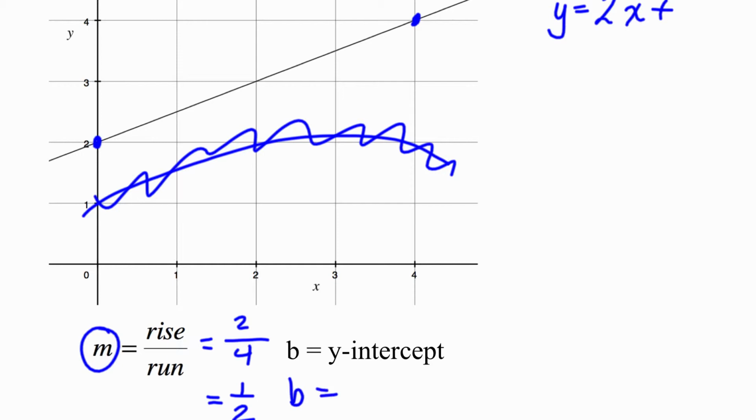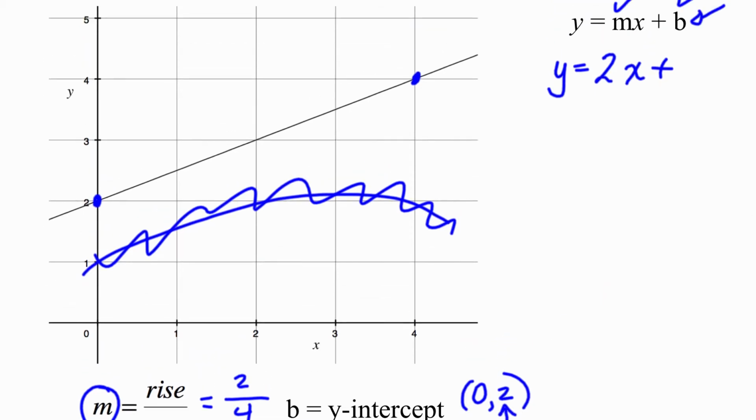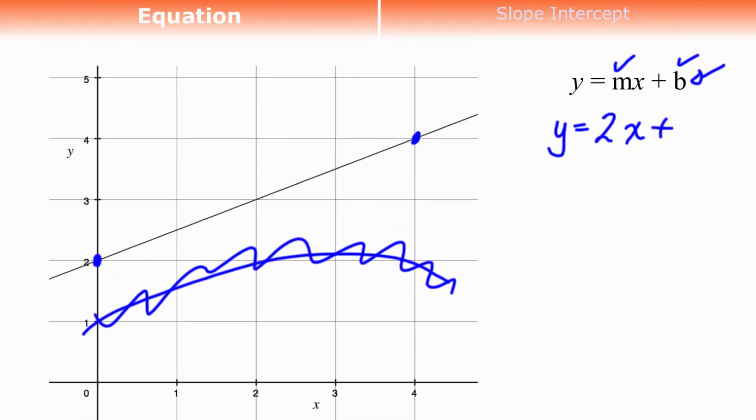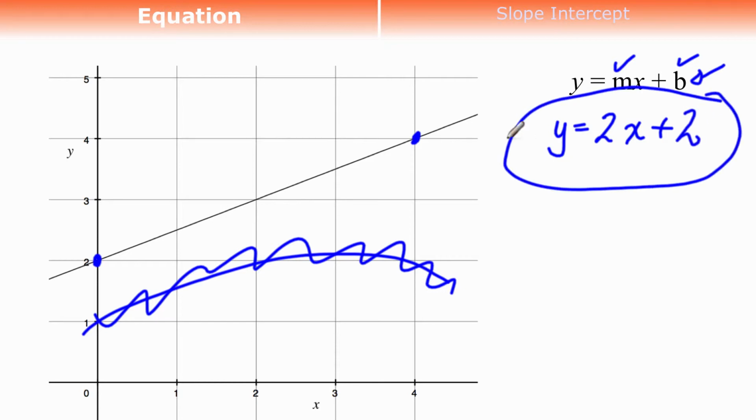So b is equal to 2. You could really write that point as (0, 2), but in the equation, what we're looking for is that number right there. So up here, my y-intercept is a positive 2. So this equation defines that line.